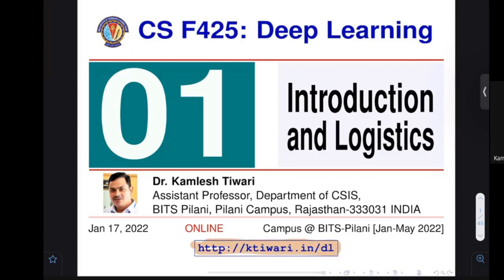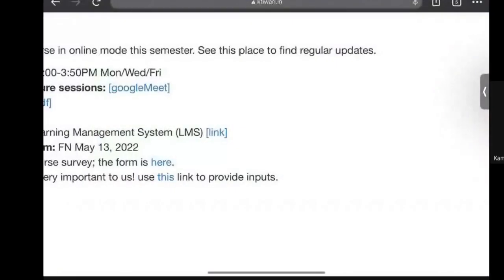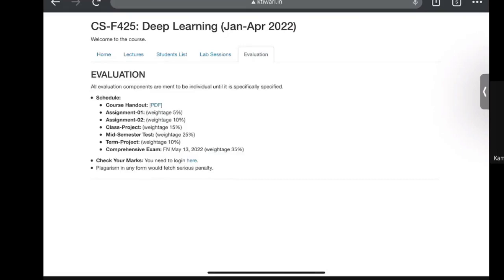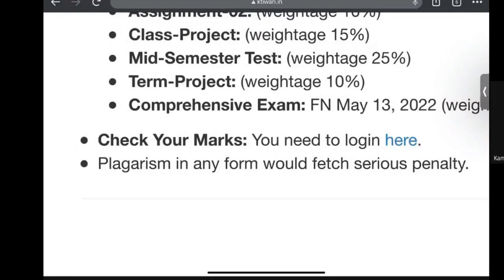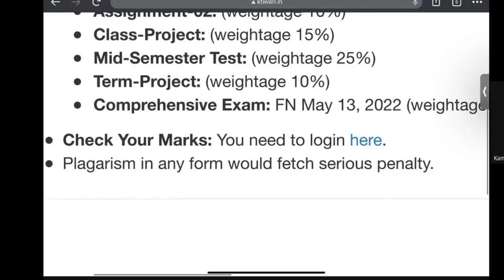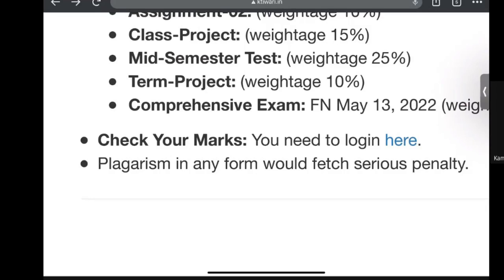On this web page you can visit and you can take advantage of all these things. One thing I think is worth mentioning at this point: whenever there is some evaluation component, you can check your marks. To check your marks you have to provide a username and password. This would be sent to you very soon, and most probably it is not required right now.